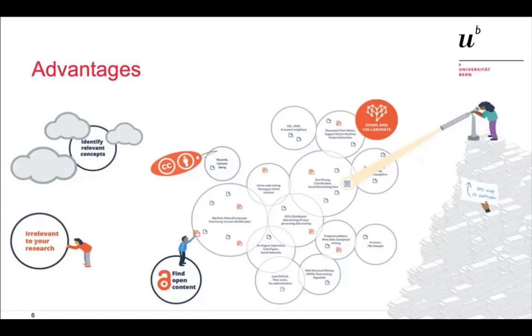And last but not least, find open content. The focus is on open content, and open access papers are highlighted. And as you have seen, most of the papers can be read within the interface.